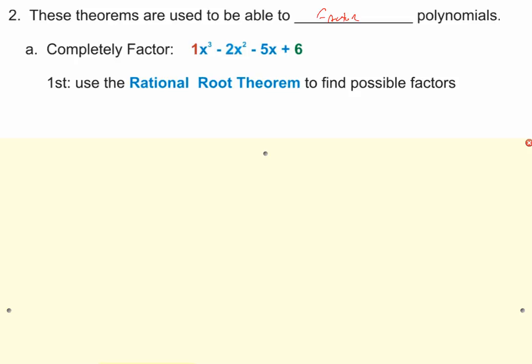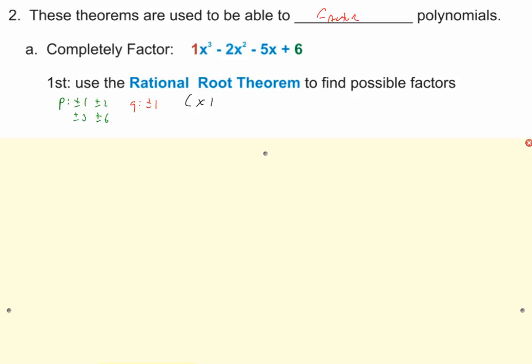Now, again, I could list P: plus or minus 1. I'm looking at the 6, right? Plus or minus 2, plus or minus 3, plus or minus 6. And again, I can list Q: plus or minus 1. But once you do a few of them, you can begin to see clearly what to write as the binomial possibilities.